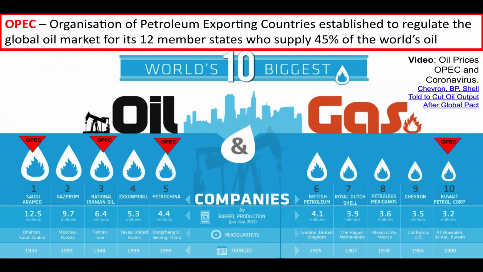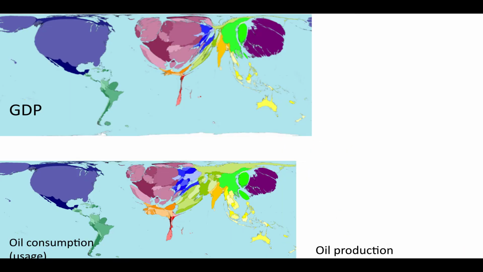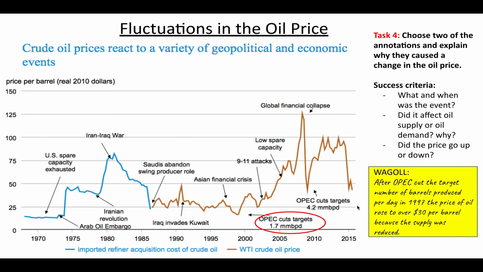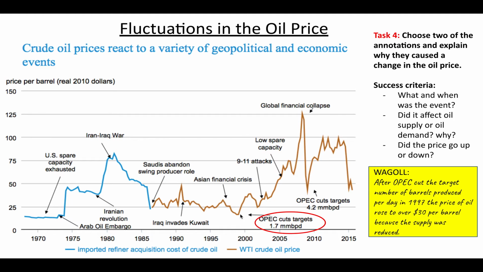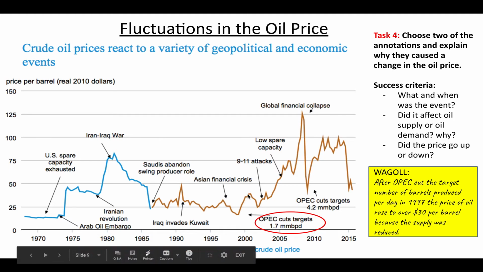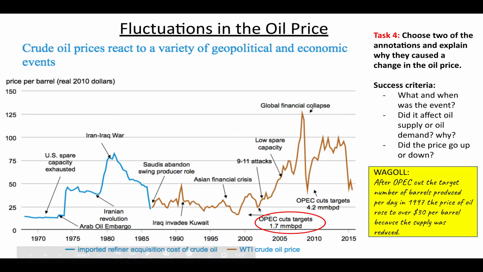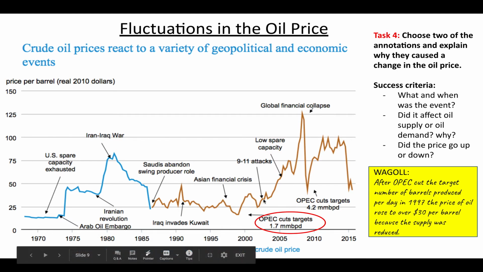And what OPEC does is it makes decisions about how much oil should be produced. So, for example, as we saw here, OPEC made a decision to cut the amount of oil that we're producing. We want the price to go up. Now, if they wanted the price to come down, they would say, let's produce more oil.